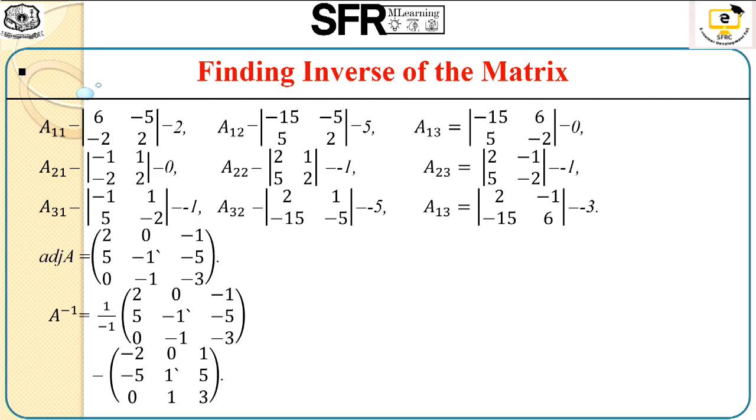From these cofactors, we find the value, and I am finding the adjoint of A. If we find the adjoint of A, we have the determinant and the adjoint of A. We easily derive that A inverse is equal to 1 by determinant of A into adjoint of A. So we derive the determinant first and then we derive the adjoint next. So we can easily find the inverse of A here.